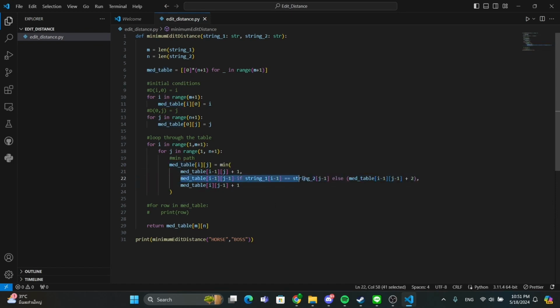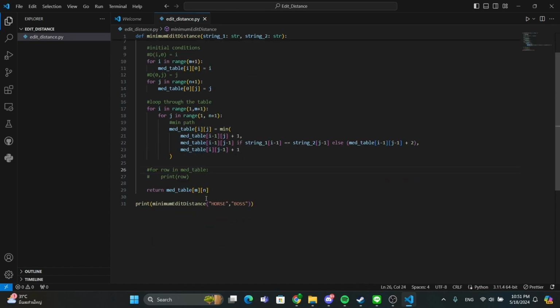This one is the condition of substitution, which is, if the characters are equal, it takes the value directly of i minus 1, j minus 1, but if it is not, it's the same but plus 2, which is the cost of substitution. This is for the insertion. So with these three paths, we find the minimum, and whatever is the minimum value, we put it into the MED table as i, j. After looping through the whole table, our minimum edit distance will be stored at index m and index n.